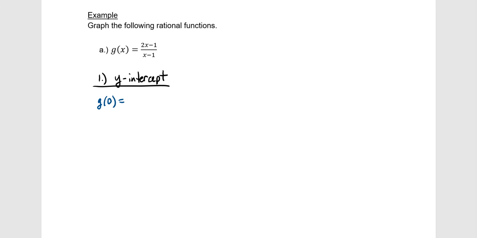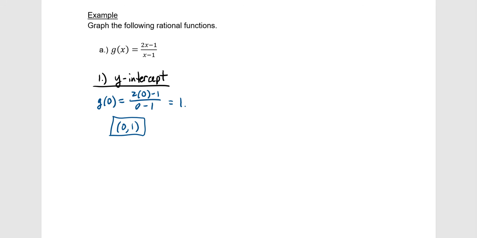So we're going to plug in a 0 everywhere there's an x. So it's going to be 2 times 0 minus 1 over 0 minus 1. So this is going to end up giving us negative 1 over negative 1, which is positive 1. So we know there's going to be a y-intercept at the coordinate 0, 1.